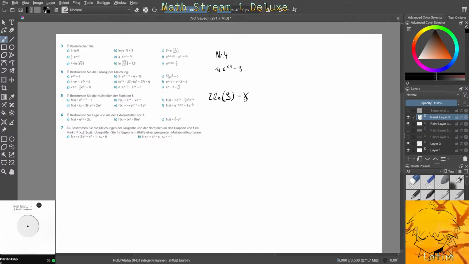It's not really educating. 2x equals 9. And then we have 2 times. It's the same thing.